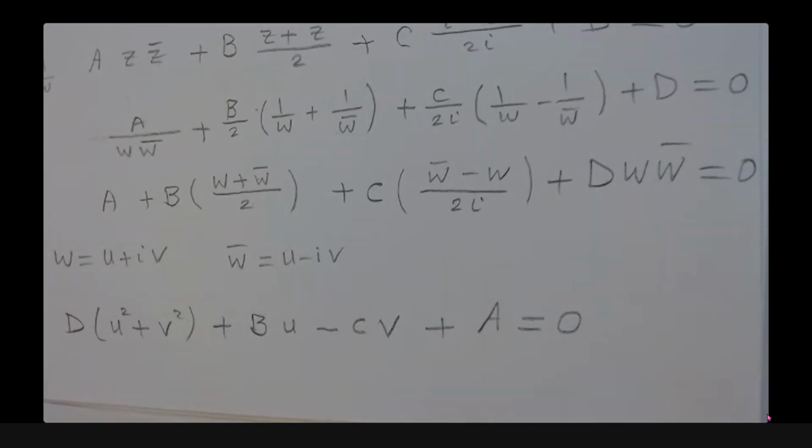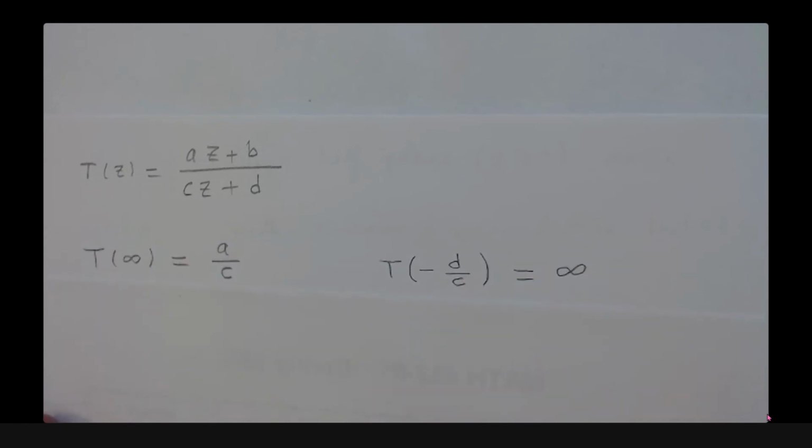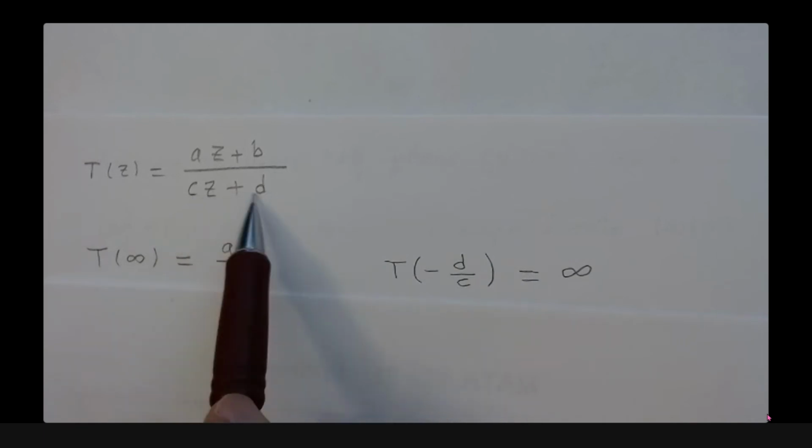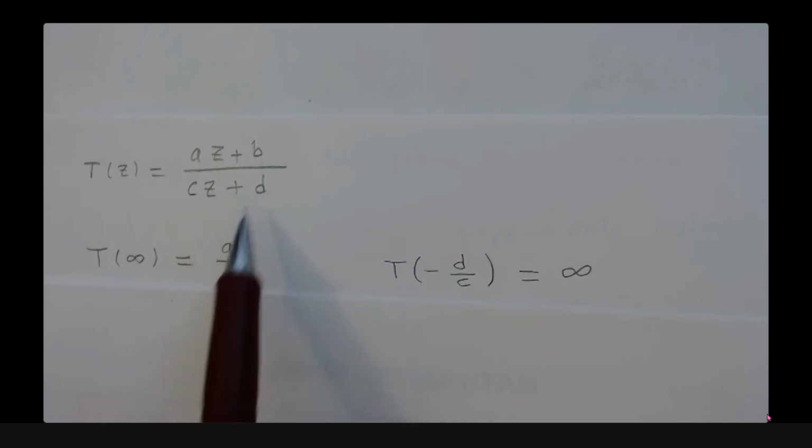Let's see if I can give you an example here. So for a linear fractional transformation, for convenience, you see, if the denominator is 0, it will be infinity, and that is when z is negative d over c.